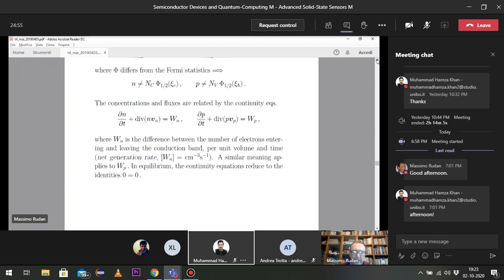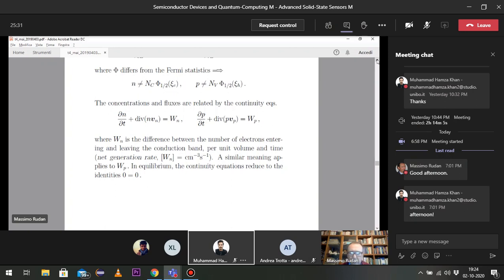One is for the electrons in the conduction band, the one on the left on the last line, and the other one is for the holes of the valence band. And we also gave a meaning to symbols Wn and Wp, okay? Wn is the net generation rate, that is the difference between the number of electrons entering and those leaving the conduction band per unit volume and time.